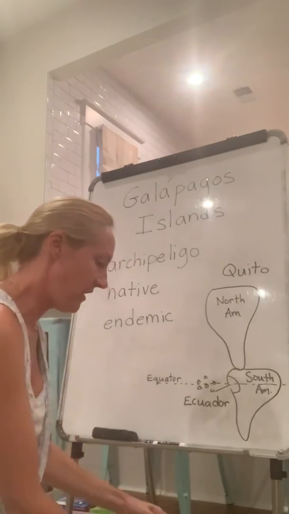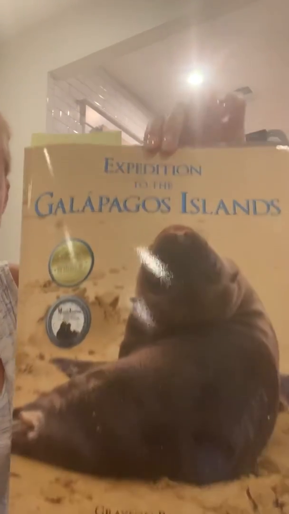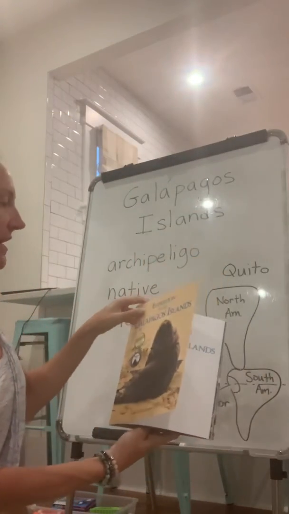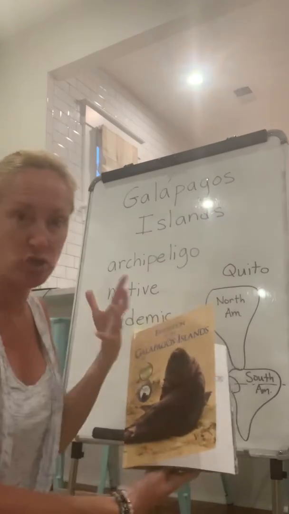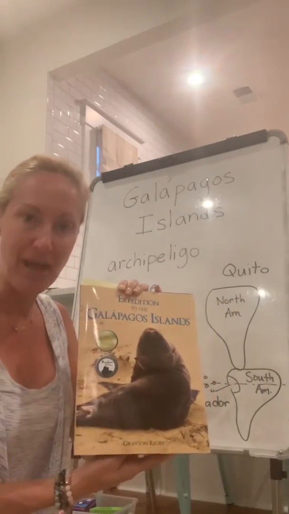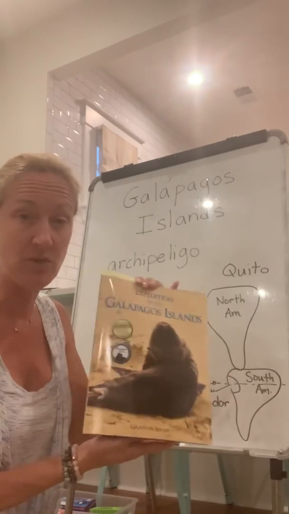So first of all, this is a really cool book, if you're able to find this book online: Expedition, Big Trip to the Galapagos Islands. This was actually written by a little boy named Grayson, who was 8 years old at the time he wrote this book.